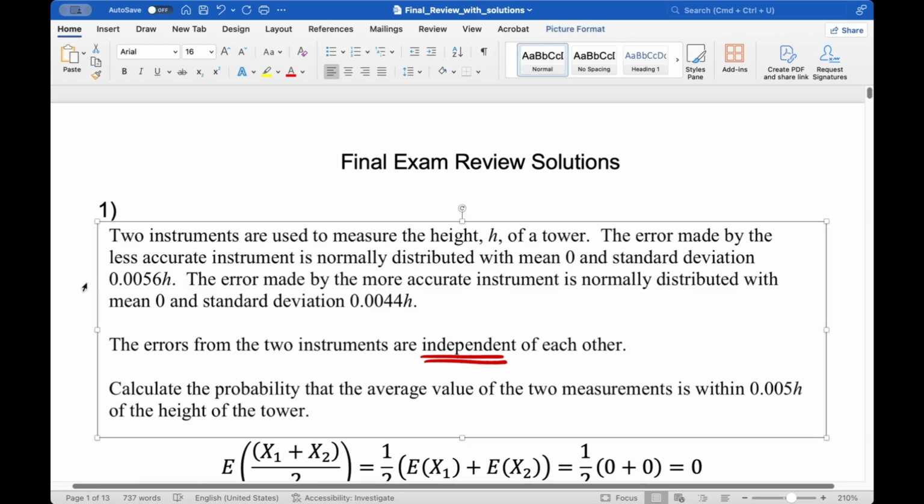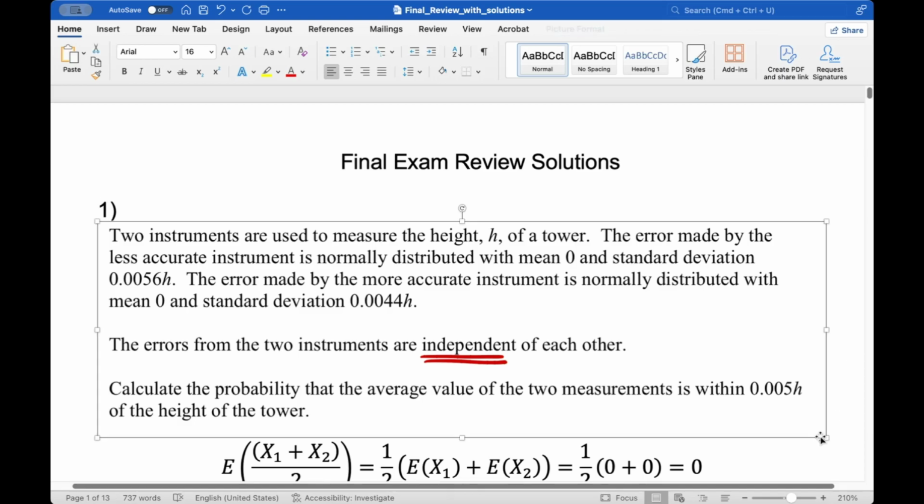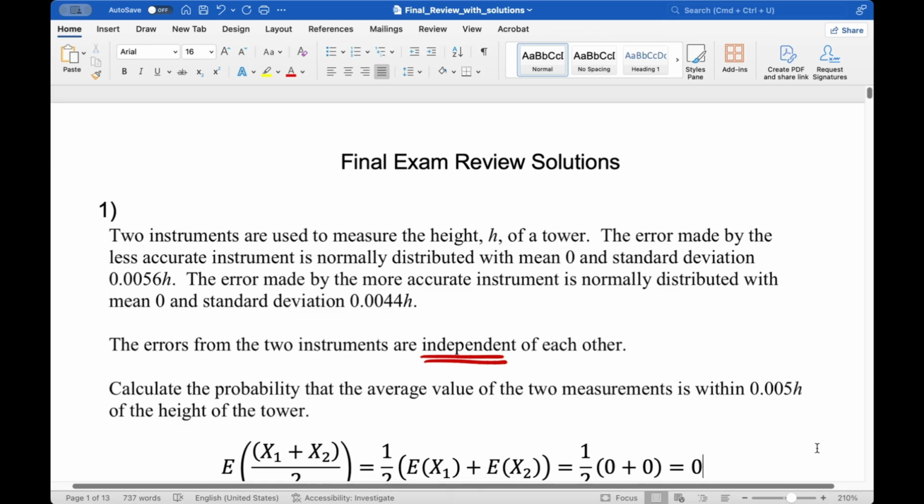Calculate the probability that the average value of the two measurements is within 0.005h of the height of the tower. So we're finding a probability about the average of two random variables. We're going to find the mean and variance for the average.